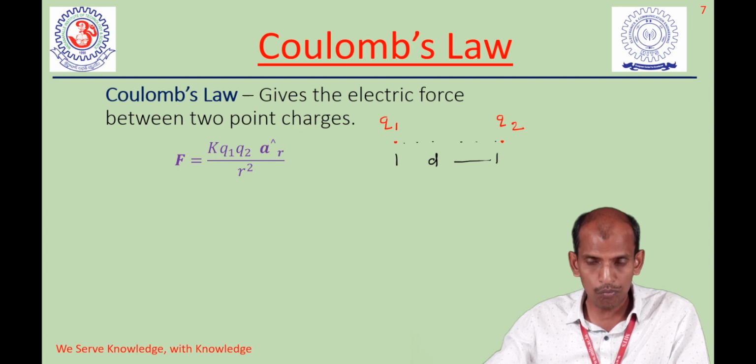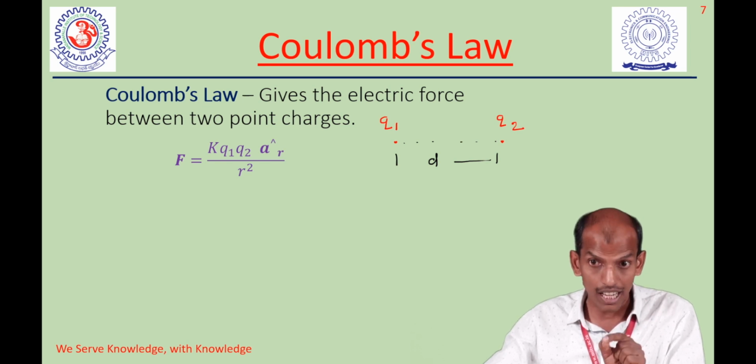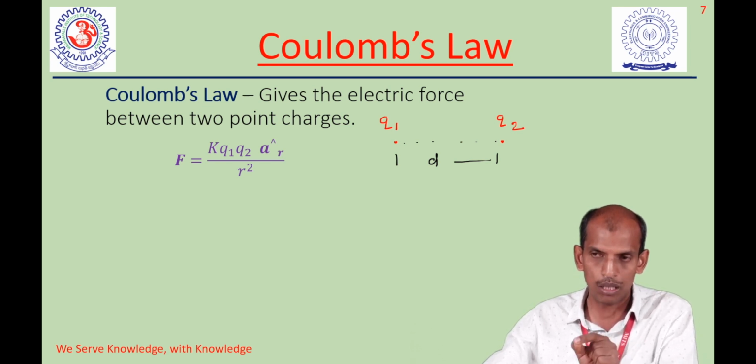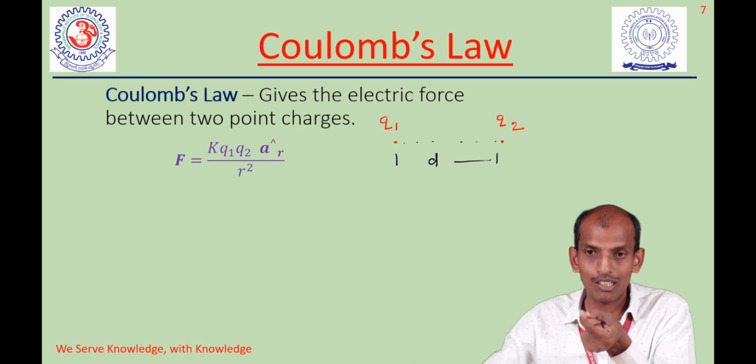On the tip of the paper pin, if charge is there, you can imagine the tip of the paper pin is very small. So the dimension of the tip of the paper pin is negligibly small in comparison to the surrounding. So that is the meaning: the charge residing on the pointed tip of the paper pin is called a point charge. It will behave as a point.